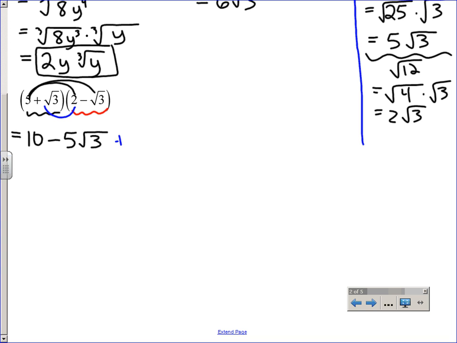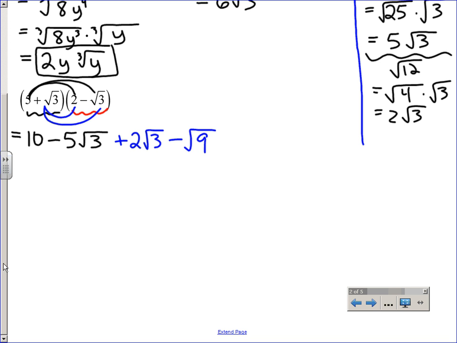So again, 2 is outside, square root of 3 is inside, so that's 2 square root of 3. Then take the square root of 3 times a minus square root of 3, and that will be minus. Now you can multiply under the radical because they're both under the radical, so that's the square root of 9.